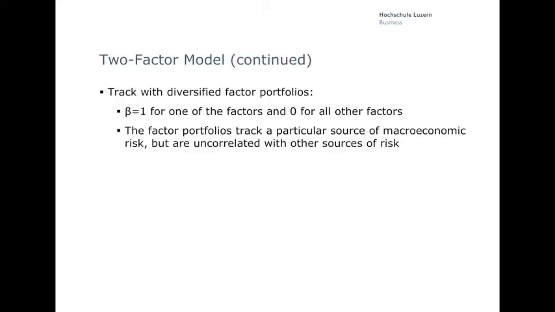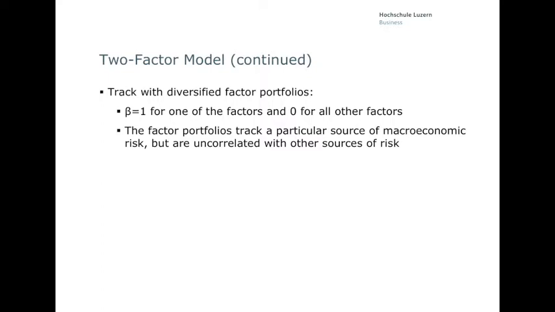The benchmark portfolios in the arbitrage pricing theory are factor portfolios, which are well-diversified portfolios constructed to have a beta of 1 on one of the factors and a beta of 0 on any other factor. We can think of each factor portfolio as a tracking portfolio.